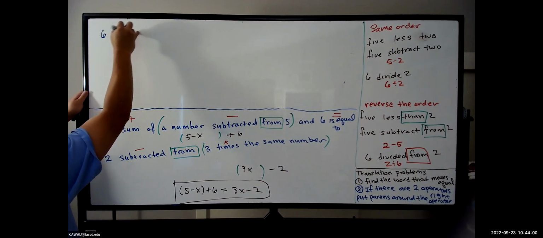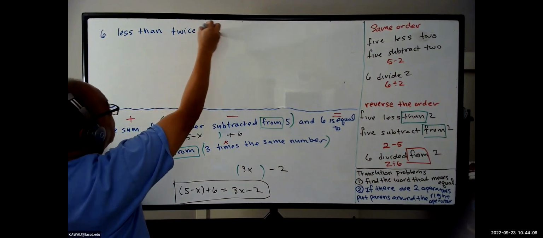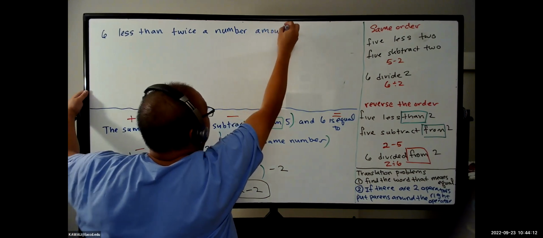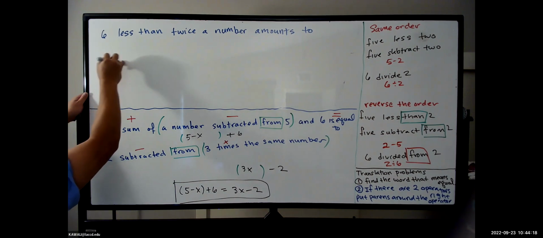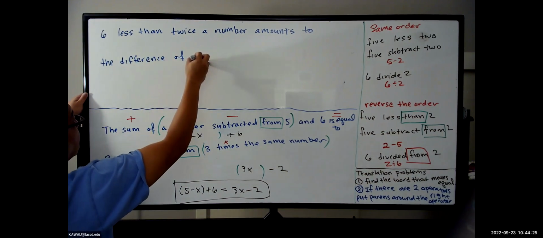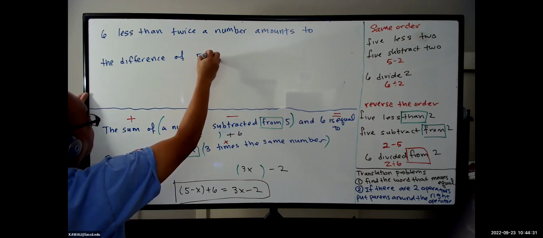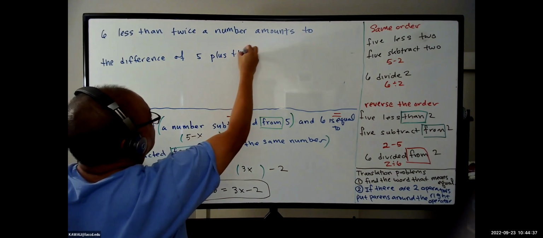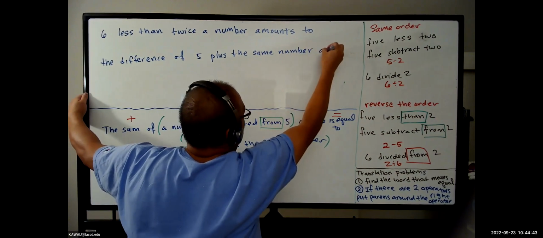Six less than twice a number amounts to the difference of 5 plus the same number and 10.